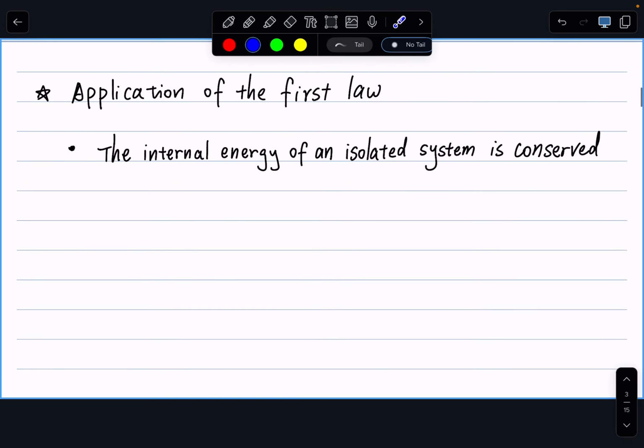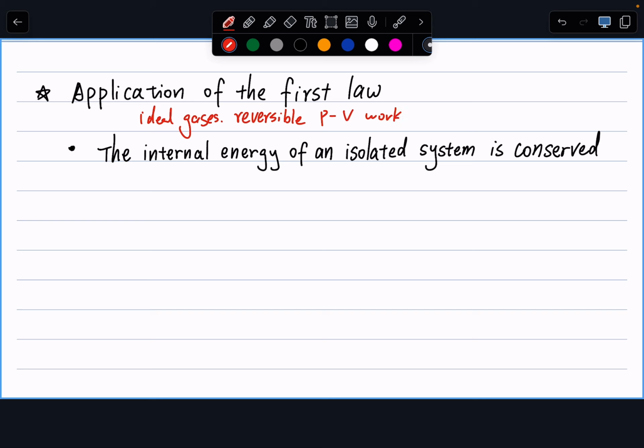So this part is, again, an application of the first law. Imagine we're talking only about ideal gases with reversible PV work. In our first law of thermodynamics, the internal energy of an isolated system is conserved, and we can write dU, the infinitesimal change of internal energy, equals dq plus dw.